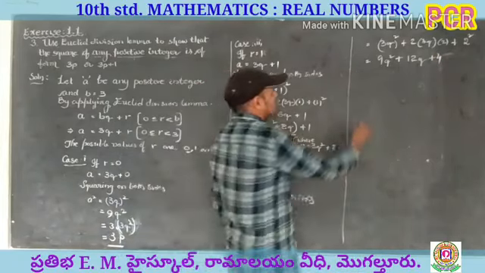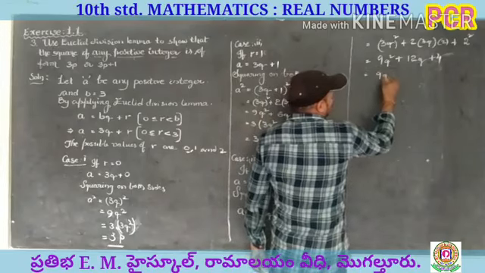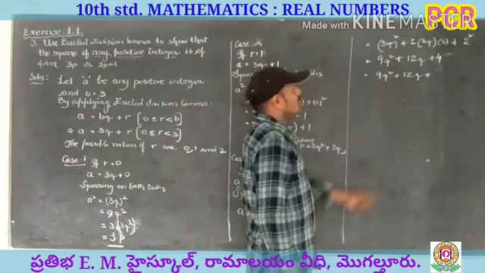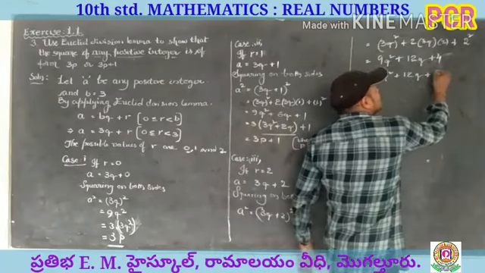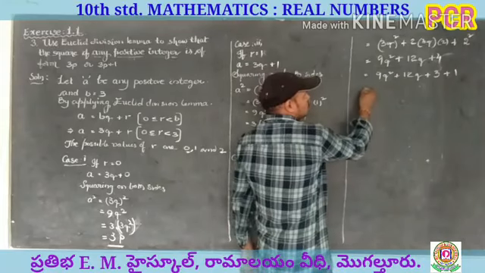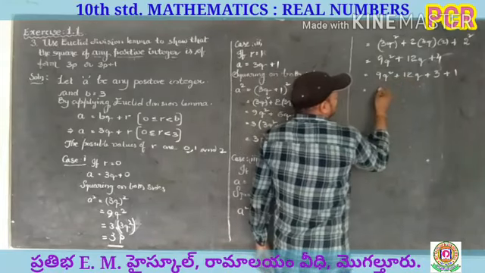Now we can write it as 9q square plus 12q plus, for convenience I can write this 4 as 3 plus 1, to write the multiple of 3.